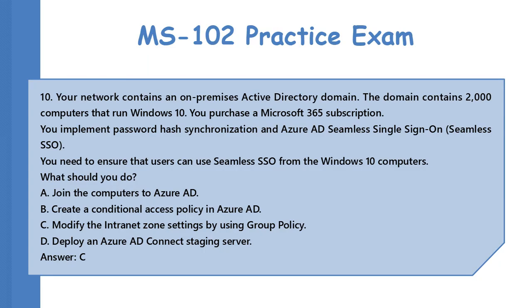What should you do? A. Join the computers to Azure AD. B. Create a conditional access policy in Azure AD. C. Modify the intranet zone settings by using group policy. D. Deploy an Azure AD Connect staging server. Answer: C.